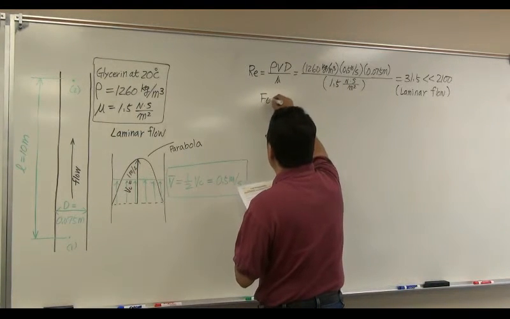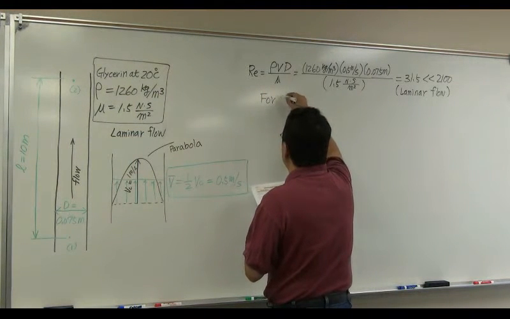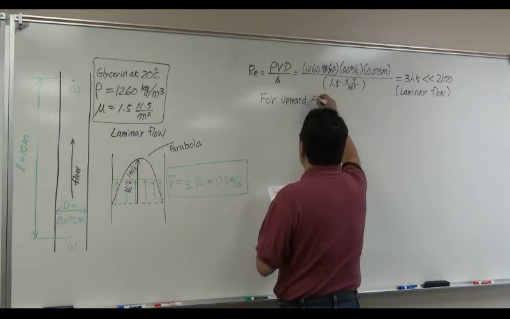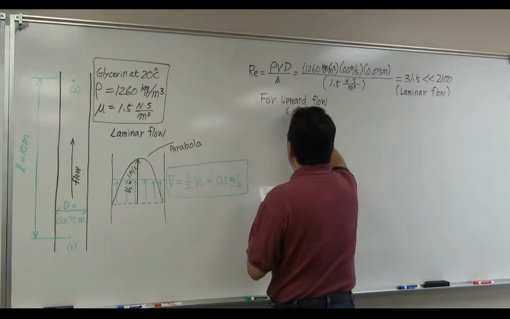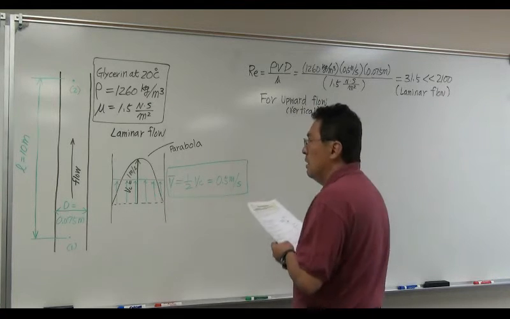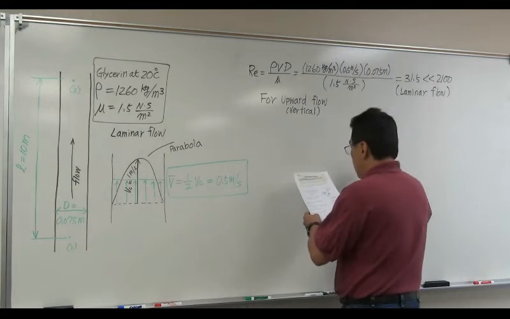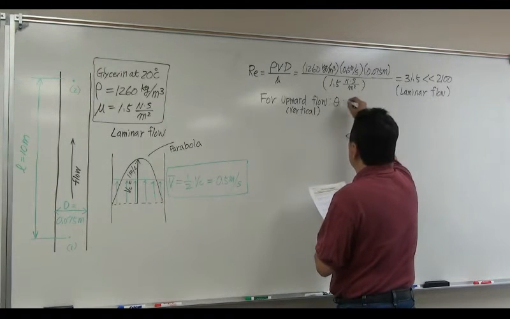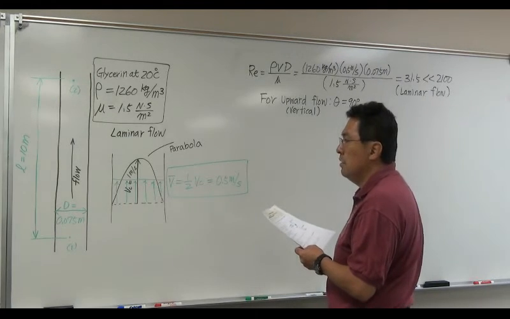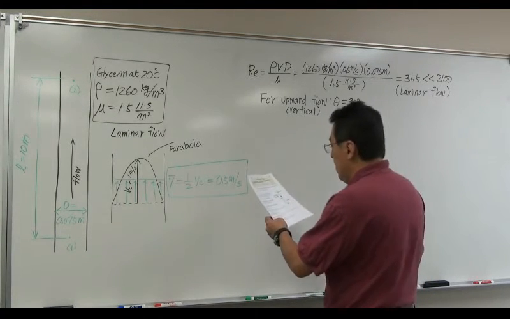And keep that in mind for upward flow. Vertical. Flow is vertically upward, so say that it's 90 degrees. So within that equation, you need to plug in theta equals 90 degrees.